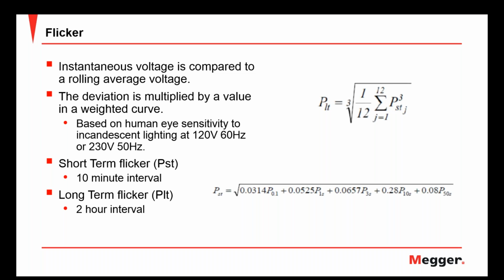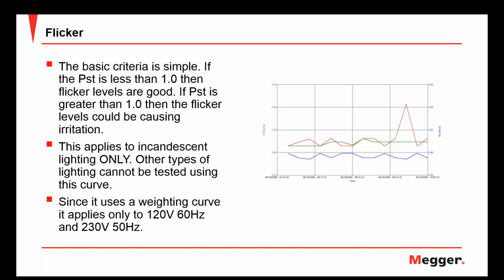The value is then put through a statistical analysis to come up with what's called the short-term flicker, or PST. This is your flicker based on 10-minute intervals, and then that is put into another statistical analysis that comes up with your PLT, or long-term flicker, which is based on a 2-hour interval. So what does all this mean?